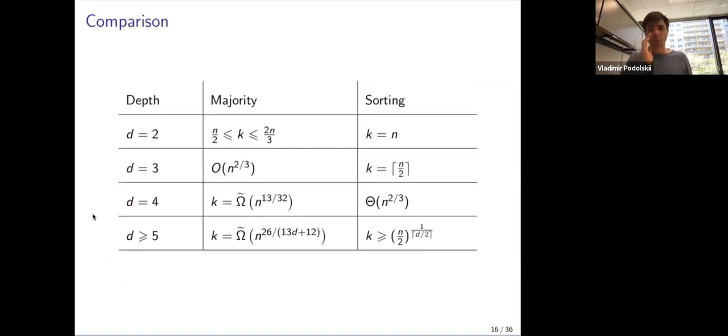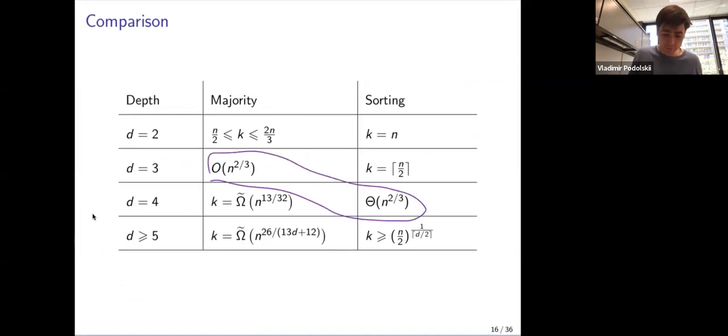So here is the comparison of what we know about majority and sorting networks. These are all the results I mentioned, on one slide. What I would like to stress here is that for computation of majority, the k becomes sublinear for depth equal to 3. For sorting it only happens for depth equal to 4.